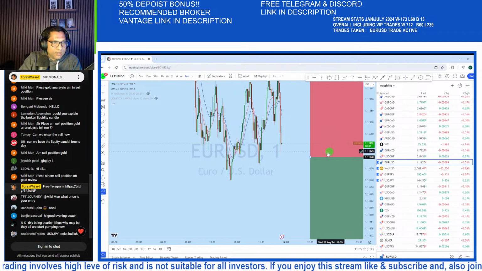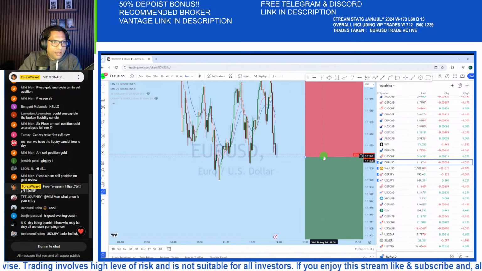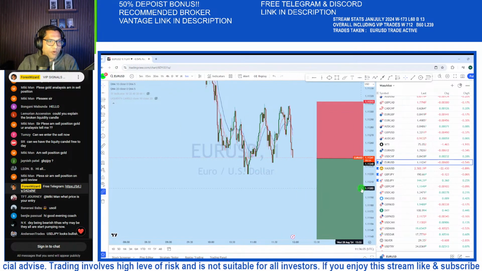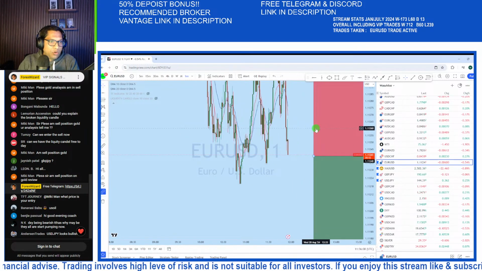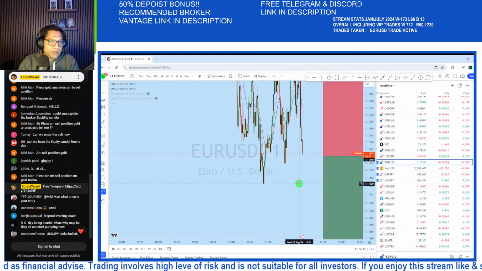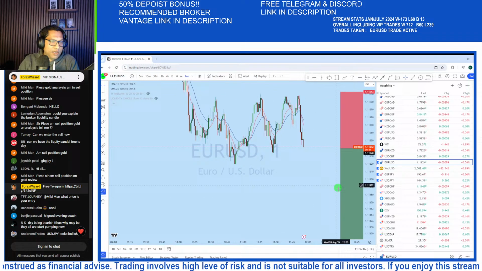Okay, we see there is a potential liquidity candle formation on euro dollar. Yeah, that's good, and we are nearing the profit area on euro USD. Let me see, because this trade had a little bit of initial drawdown.